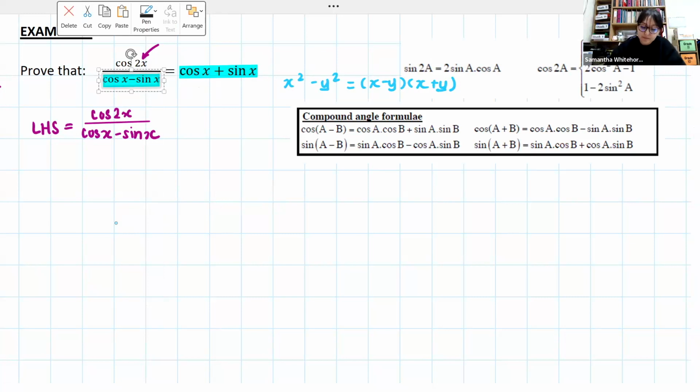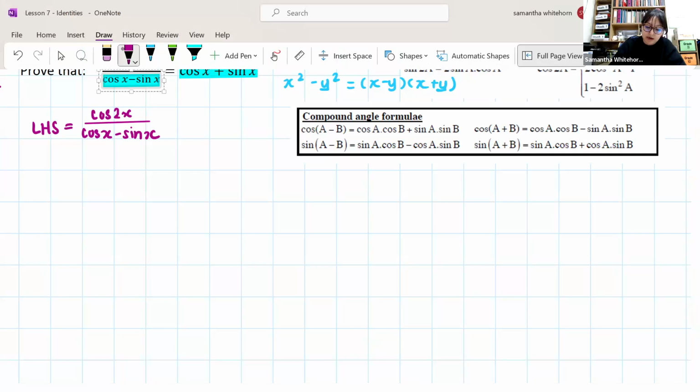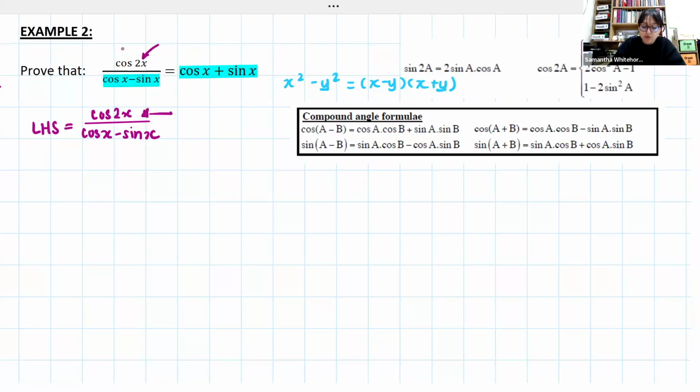Based on that, and on the fact that I've decided I'm going to work with the left-hand side, I now need to decide which is the most appropriate cos double angle formula to work with. I want to be able to factorize. I can't factorize 2 cos squared a minus 1, and I can't factorize 1 minus 2 sine squared, unless we had more terms to create a trinomial.